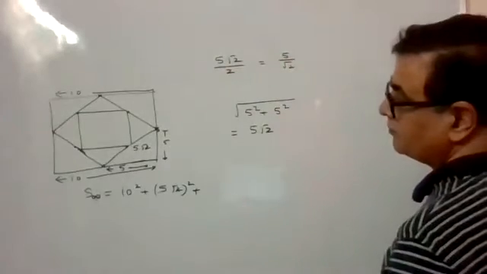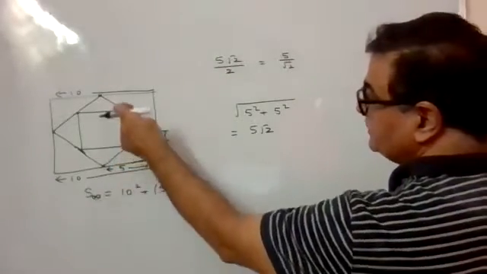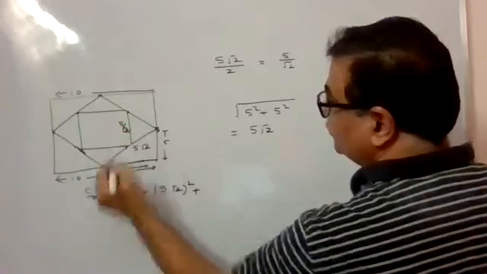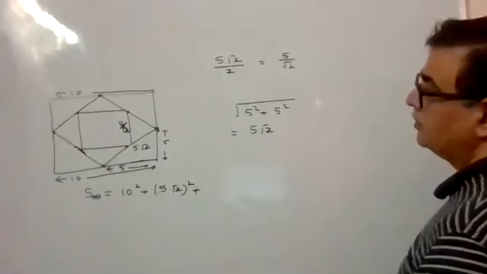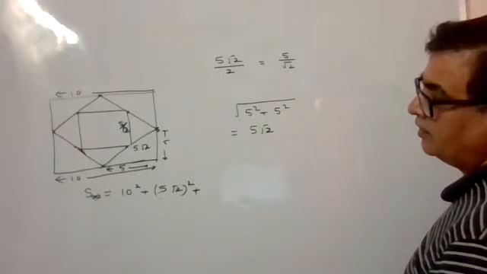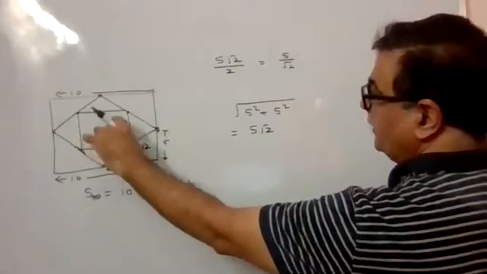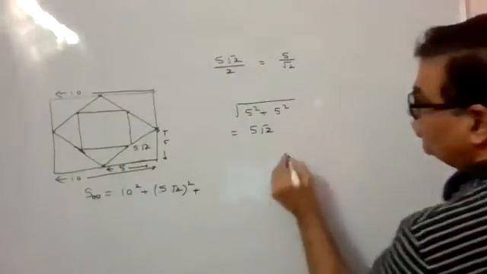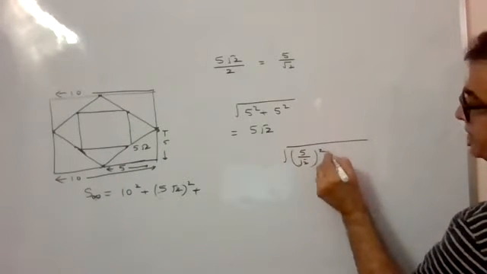So if this is 5 by root 2, then what is the side of this square? 5 by root 2. So here we will say 5 by root 2 whole square.